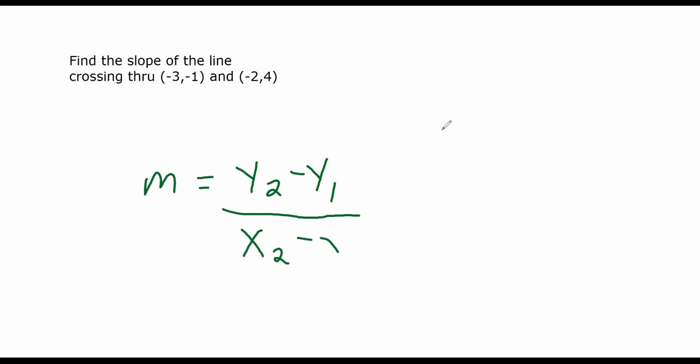So whatever that line is, we could even draw it. You can just draw your Cartesian coordinate system, find -3, -1, find -2, 4, and draw the line connecting them. Well, here's what we're going to do. My slope formula, m, is going to be equal to y2 minus y1 over x2 minus x1.